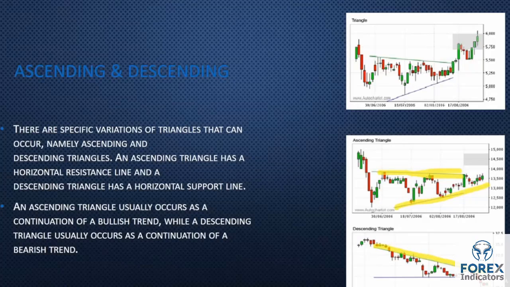Descending triangle, price moving down, support line. Okay, ascending triangle, we have both of them moving in together. So basically an ascending triangle has an angular support line and an angular trend line.